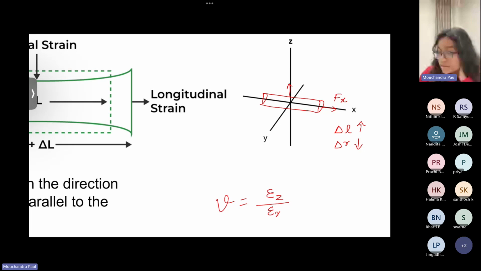Since the length of the cylinder is increasing while the radius is decreasing, those are opposing, right? That is why Poisson's ratio is defined with a negative sign in front of it.